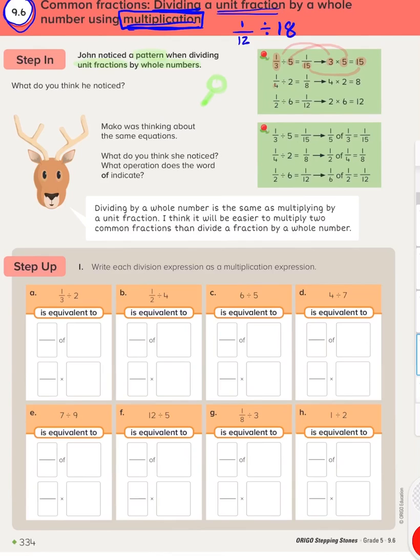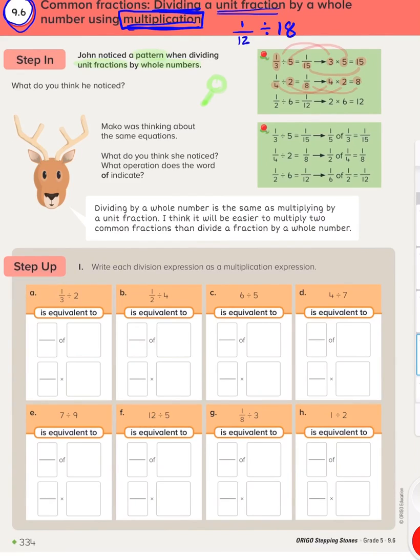Again, 1/4 divided by 2 is 1/8. Wait, 4 times 2 gives me my answer, 1/8, right? So he's finding that if you take the denominator and you multiply it by the whole, you get your answer, which is what we did yesterday when we were checking our work.